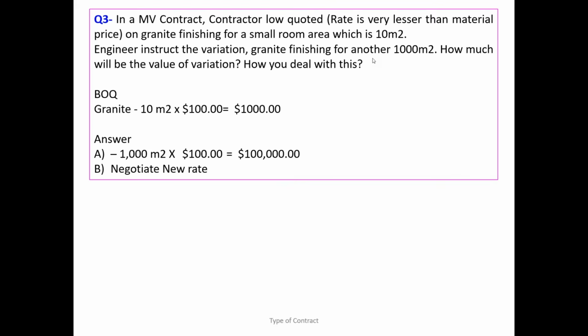One condition says the FIDIC Red Book had accurate quantities, whereas another condition says it had just approximate quantities. So the answer is it could be A or B, depending on the scenario where you worked and what is happening in reality. You have to think about the terms and conditions which are agreed and the jurisdiction where you are working.